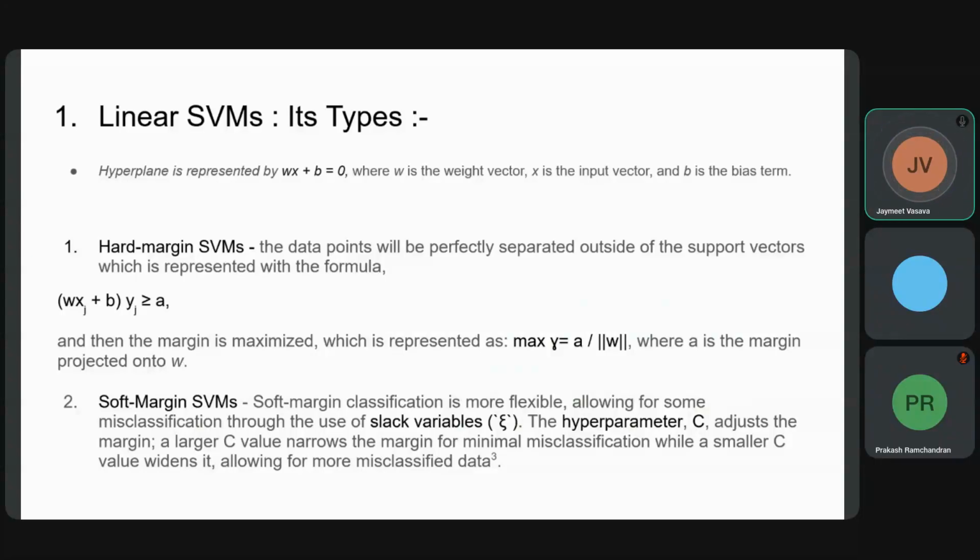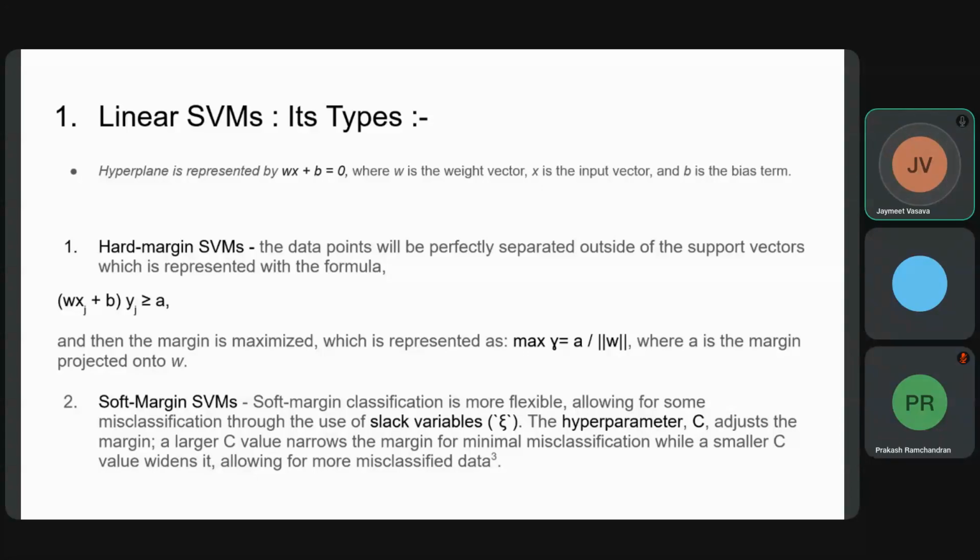So that is represented by gamma equals A divided by the magnitude of W, where A is the margin projected onto W. Now, for soft margin SVMs, the classification is more flexible, which allows some misclassification through the use of slack variables and a hyperparameter denoted by C.